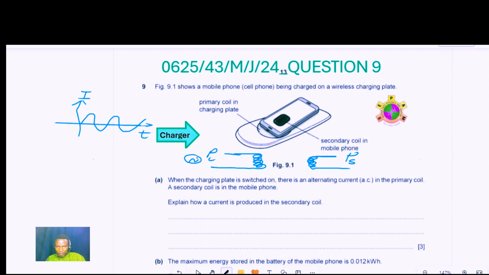When that happens, this is going to produce a magnetic field. Let's call this the magnetic field, and the magnetic field lines will cut across.